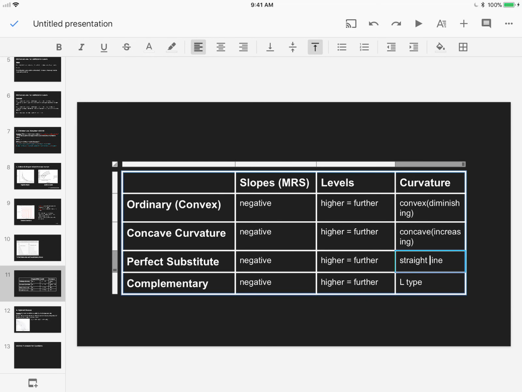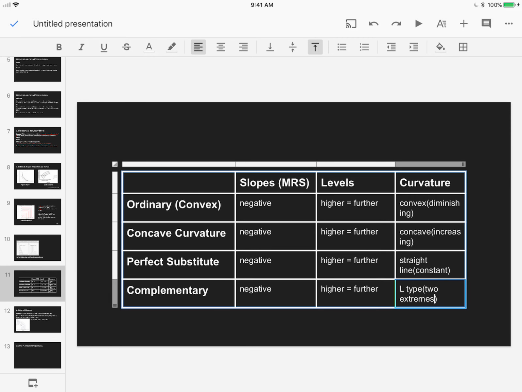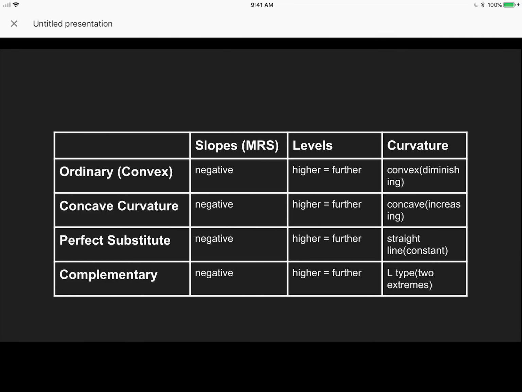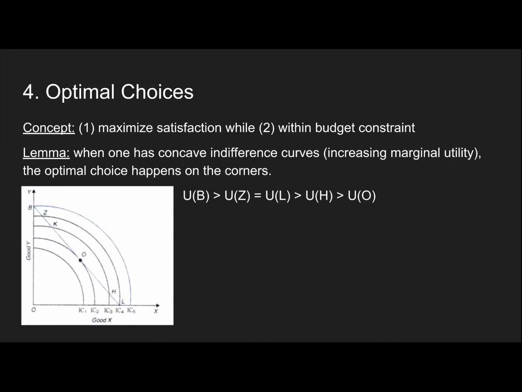Straight line means we have a constant marginal utility, and L-shape means we have two extremes of marginal utility. Yeah, that should be the right form. And for the preference directions, you decide that by the preference. Okay, so these are all the features, and we will use this in answering the questions.